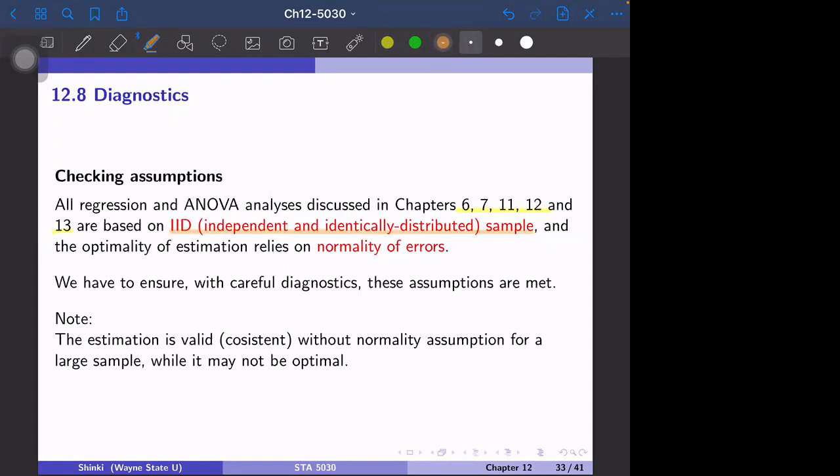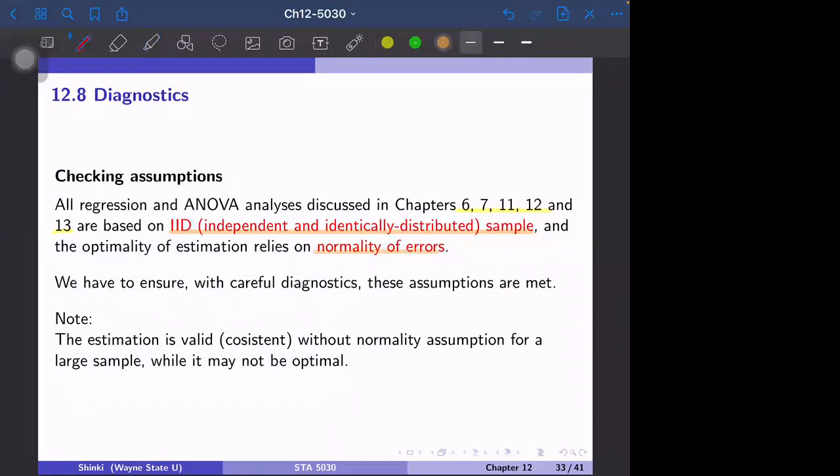Independent means two observations, two errors, are not related, and identically distributed means the two errors have the same distribution, for example, the same size of variability. And the optimality of estimation relies on normality of errors.